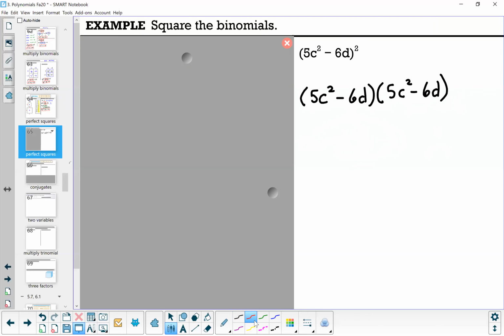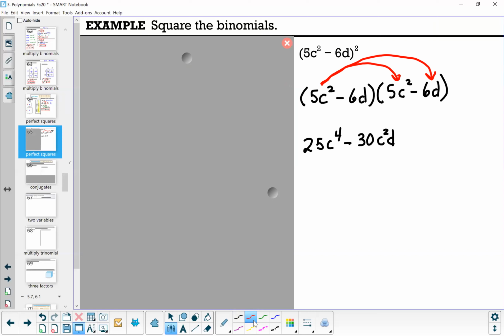All right, and I'm going to get my arrows popping. So we distribute the 5c squared to the 5c squared. Distribute the 5c squared to the minus 6d. That's going to give me 25c to the 4th minus 30c squared d.